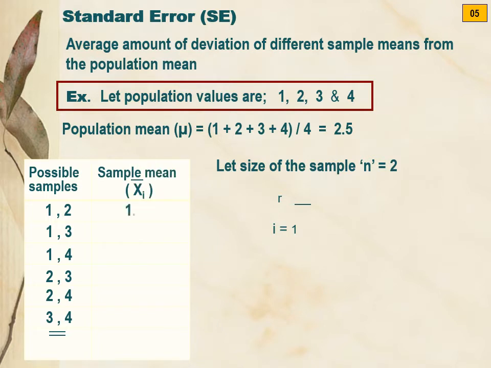The first will be 1.5, the second will be 2.0, the third will be 2.5, the next will also be 2.5, then 3, the average of 2 and 4, and 3.5. So these are the means of all possible samples of size 2.